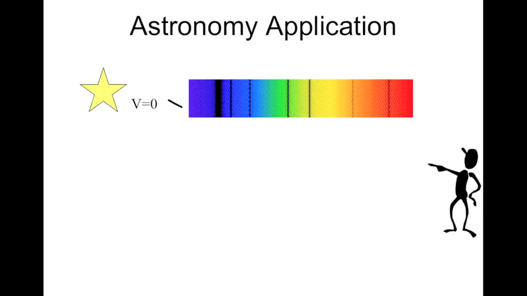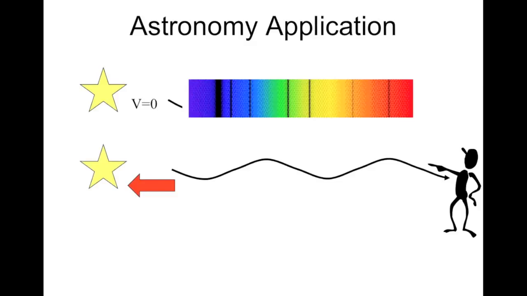So how do we do this in astronomy? Well, we look at the star's photographic spectrum, and that will allow us to discern any Doppler shift that's involved. So let's take a star that's not moving with respect to the observer, that is, those of us here on Earth, and here is the star's photographic spectrum. We can see that it has absorption lines, and those absorption lines have a specific spacing between them.